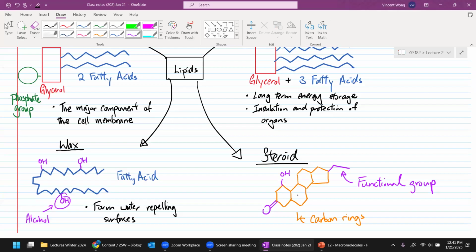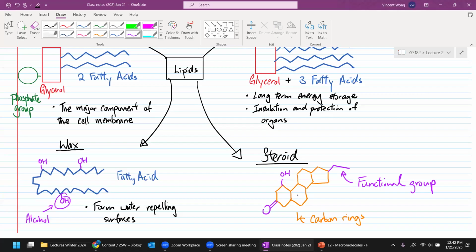The carbon rings is like your phone. You buy your phone and then you buy a bunch of accessories, right? The screen protector, the case, the little ring that you put on the back so that your phone can stand out. All those things are accessories to your phone. So these are accessories to the steroid, and it's going to give it unique properties.